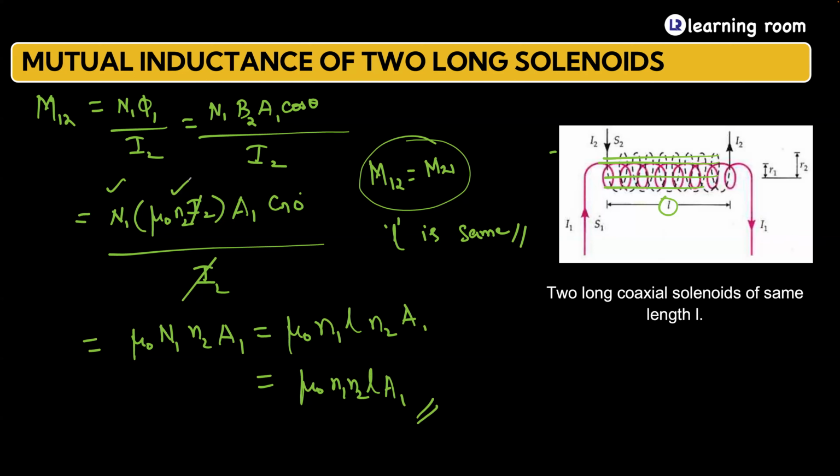And the second advantage here is that things would have changed had they both been of the same radius. Here they both are of different radius. So did you understand why I took A1 here in both the scenarios? Are you clear with that factor? So in the first case, the magnetic field was produced due to the first coil.